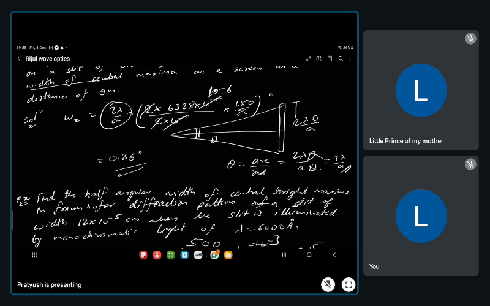Lambda is given, width of the slit is given. What do we need to find? Half of the central bright. It means you need to apply the formula of central maxima.